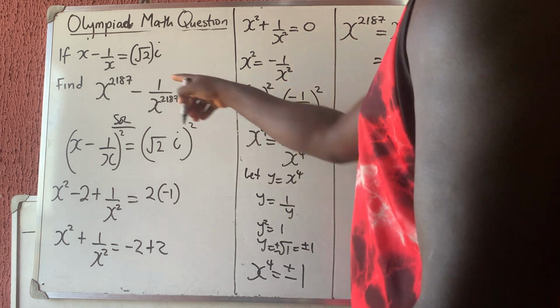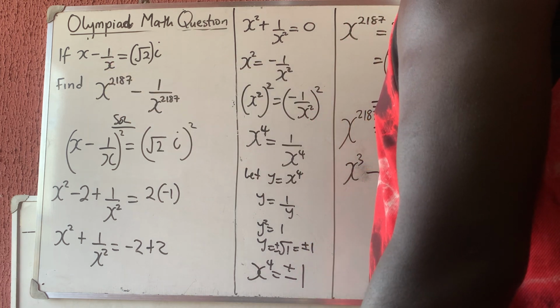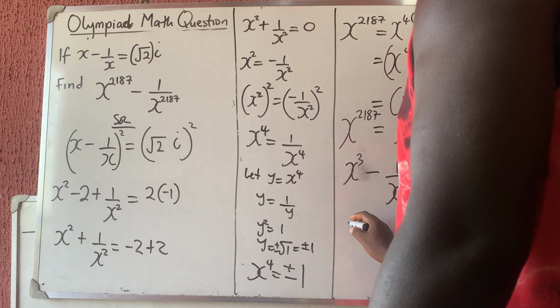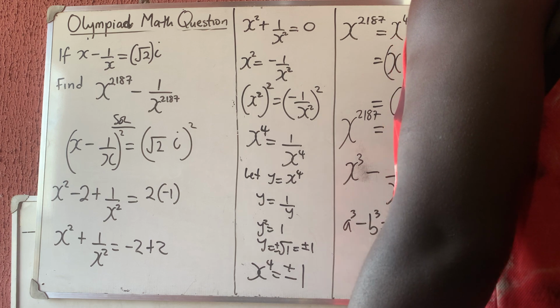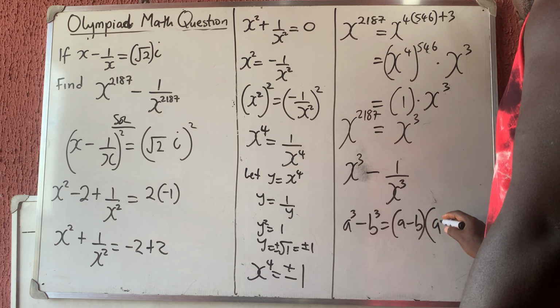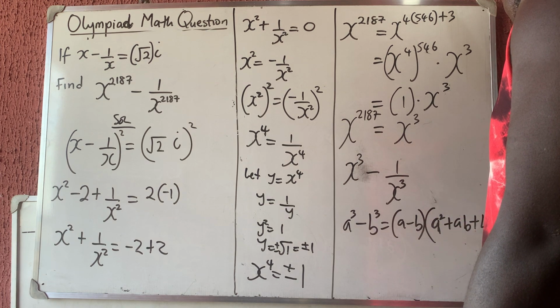Okay, so now from our question, we have that this is x raised to power 3 minus 1 over x raised to power 3. But don't forget that a raised to power 3 minus b raised to power 3 is equal to a minus b in bracket of a squared plus ab plus b squared.